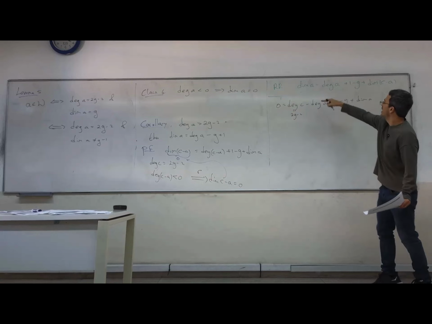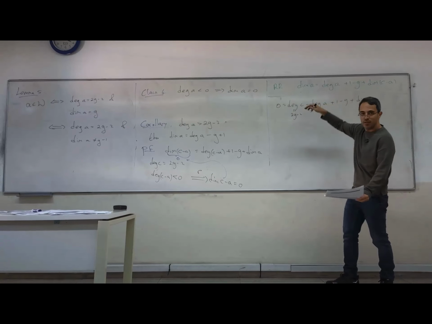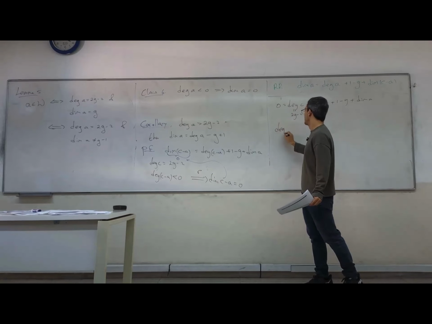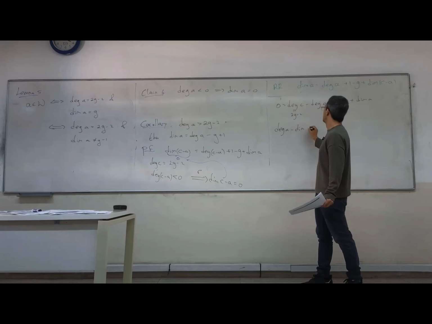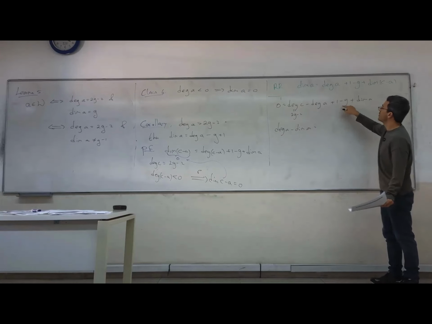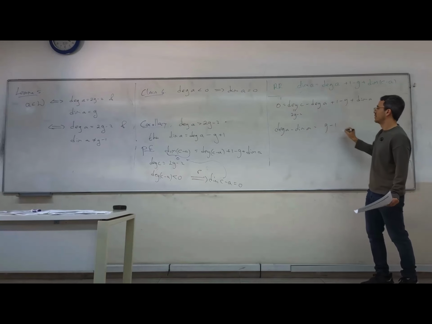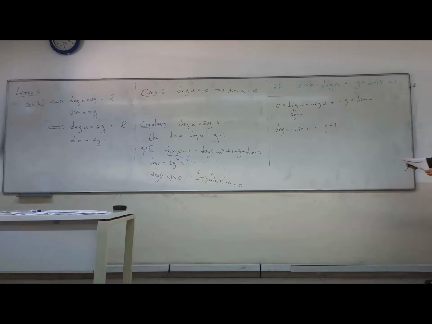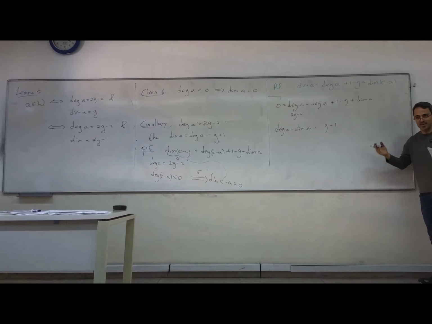So you can see that if you take the degree and dimension to the other side, the deficiency, so-called, is 2g minus 2 minus g plus 1, which is g minus 1. Maximum possible deficiency.